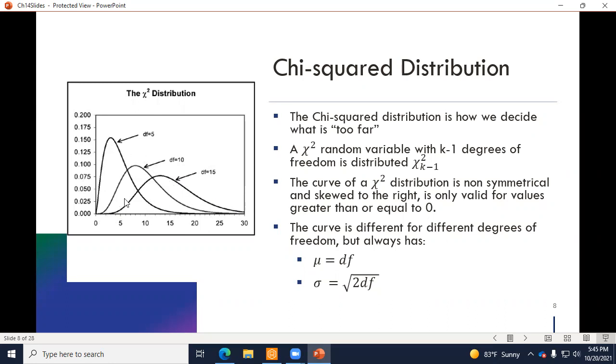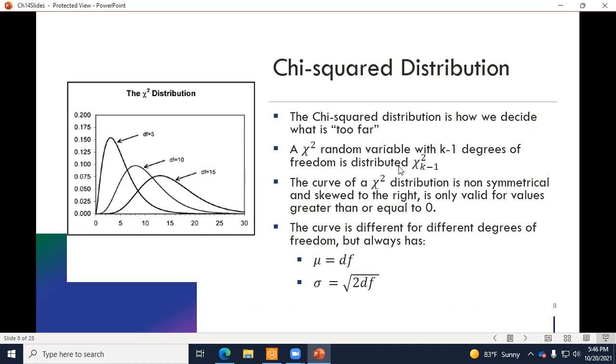As you can tell, it's non-symmetric. When the degree of freedom increases, like for this one, when the degree of freedom equals 15, it's almost symmetric. But in general, a random variable that follows a chi-square distribution is non-symmetric and always positive.